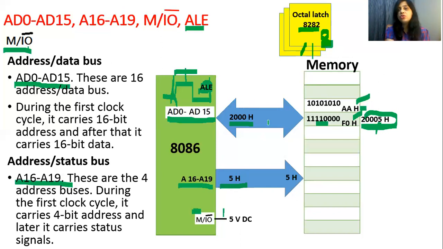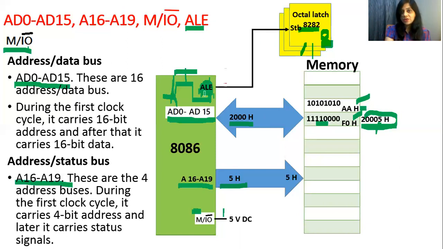Now why store this address in the octal latch? Because the same bus is going to carry data after some time. So we need to hold, or latch, this address somewhere in the circuit. Who does that function? The address latch enable pin. What does this address latch enable pin do?